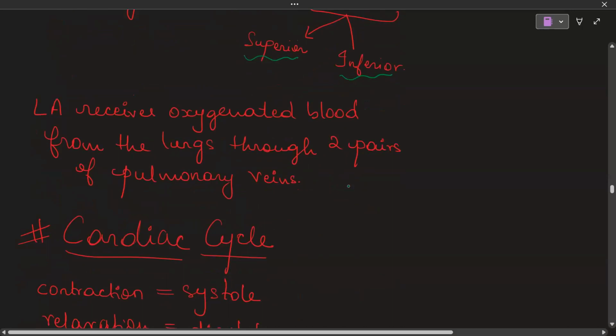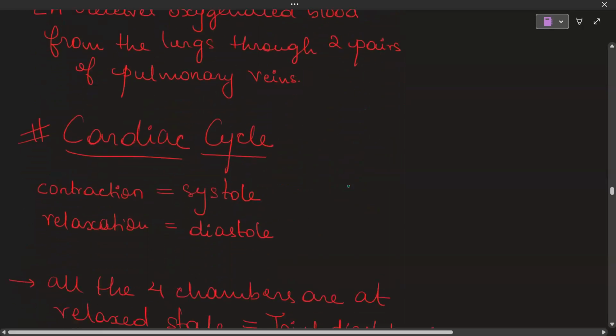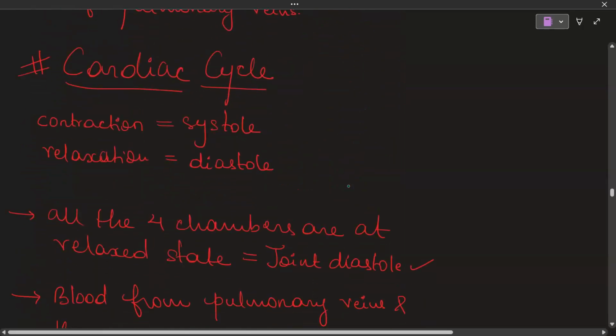The left auricle receives the oxygenated blood from the lungs through the two pairs of pulmonary veins. Now always remember that all the arteries are responsible for carrying oxygenated blood except pulmonary artery. All the veins are responsible for carrying deoxygenated blood except pulmonary vein. That's the exception.